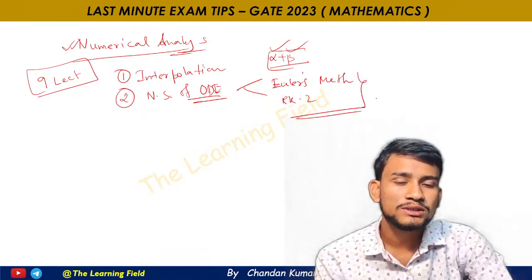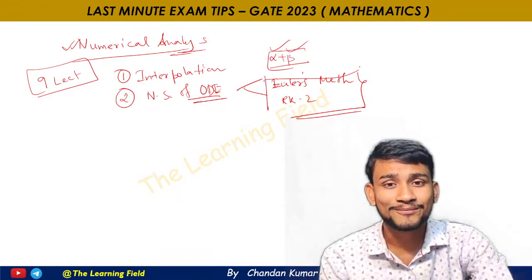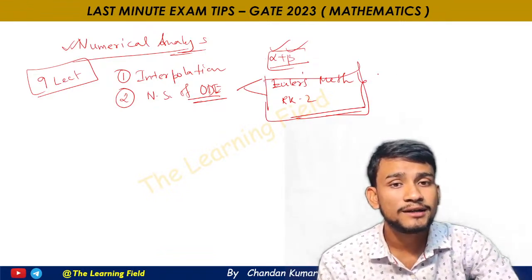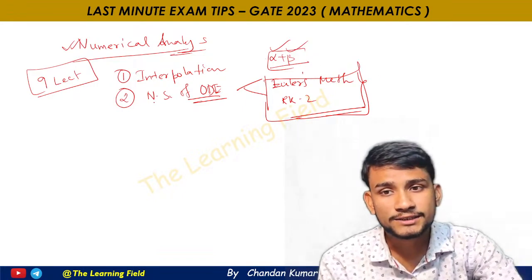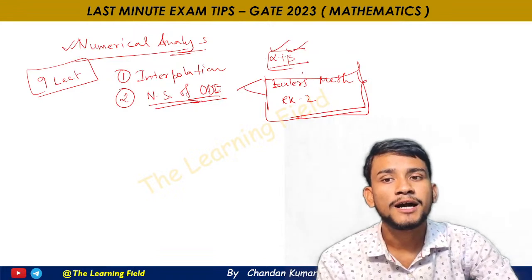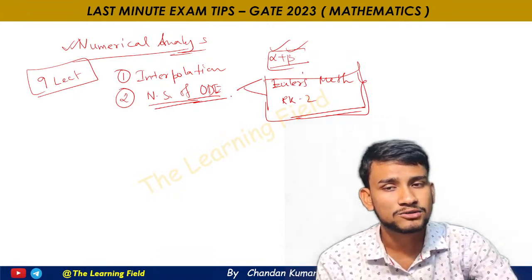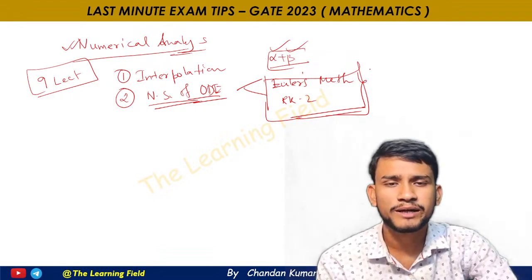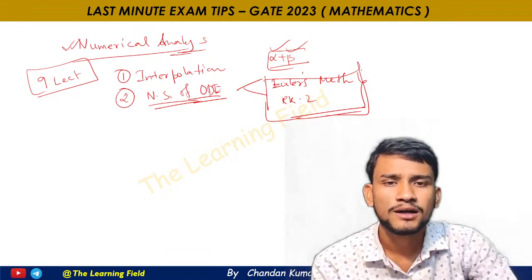These are not the only methods from which they ask questions. So please watch the lectures on numerical solutions of ODE on my channel. This is available, and the total numerical analysis series is available.